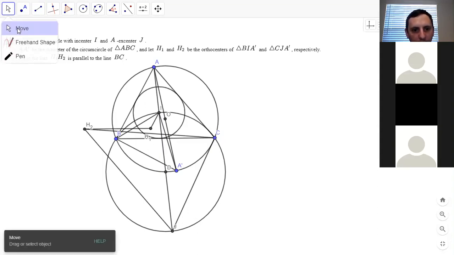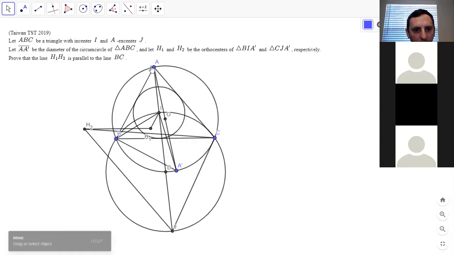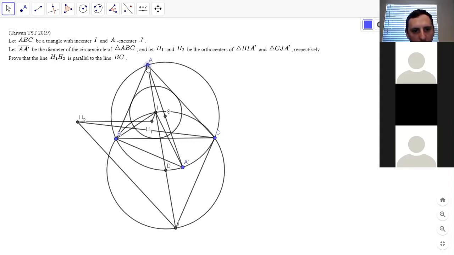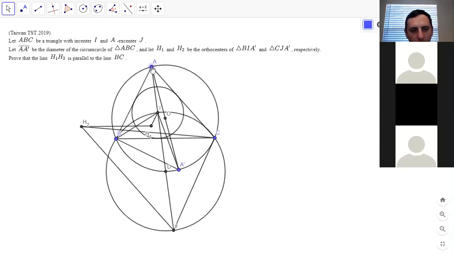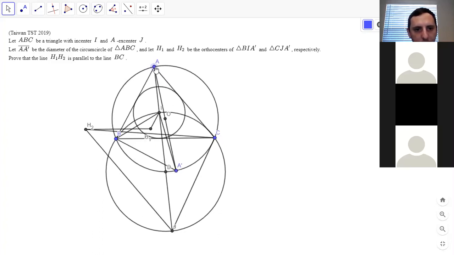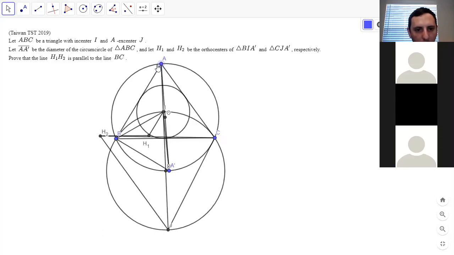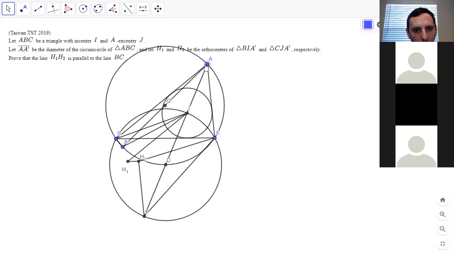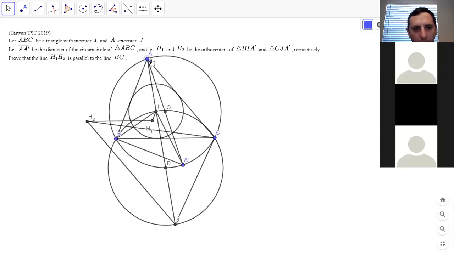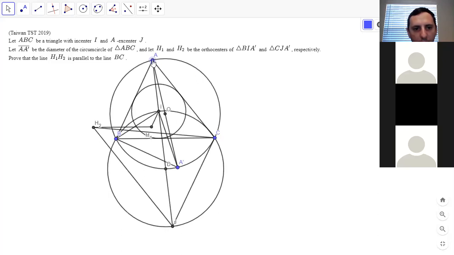I wonder if those two triangles look similar. Sometimes H1 lies inside BIA prime, but H2 lies outside CJA prime. I don't think we can make both orthocenters lie inside the triangle. I think one's going to lie inside and the other outside, that's what it looks like.